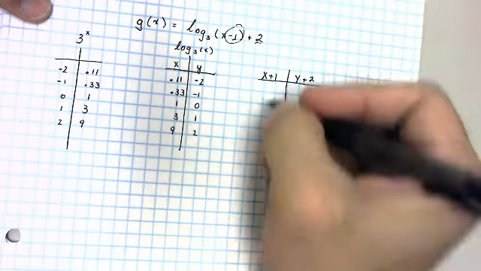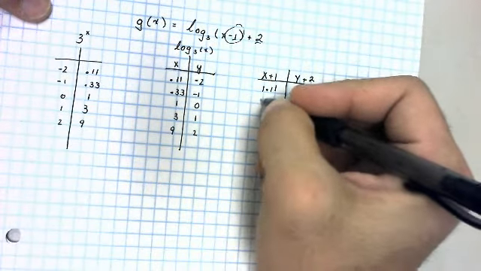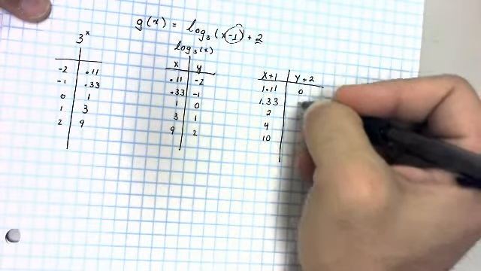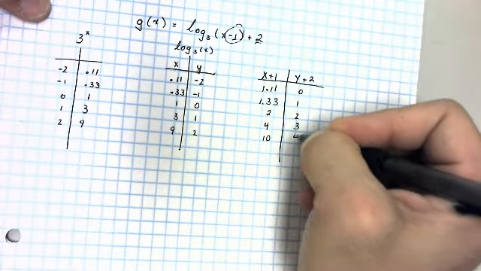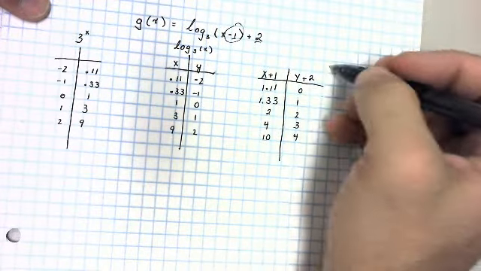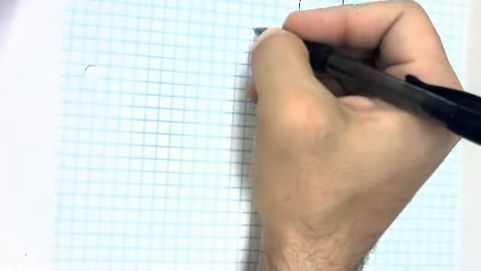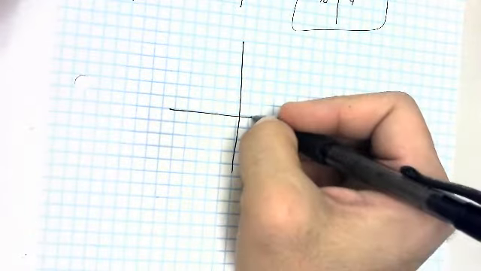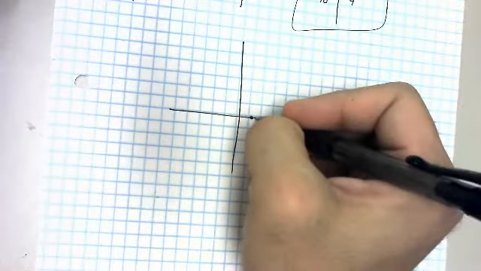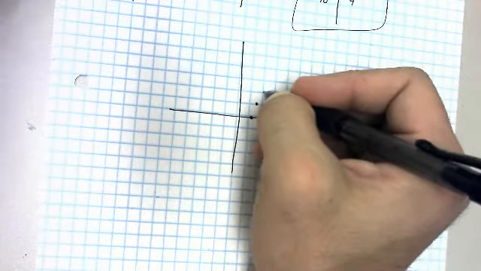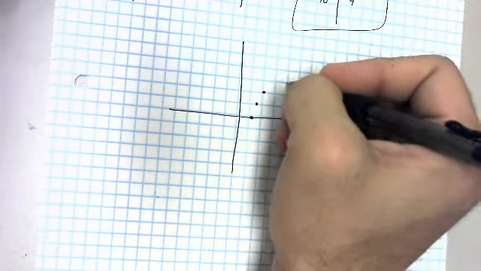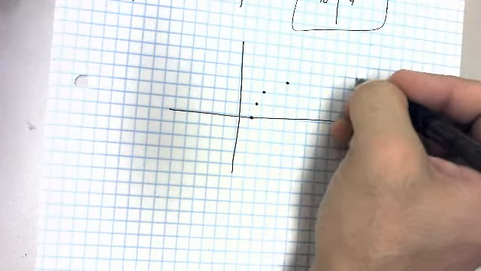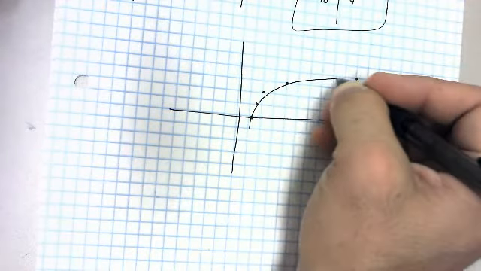So from my past table, I'm going to add 1 to all of my x's and add 2 to all of my y's. And that will be the table that I will use to make my graph. So 1.11, 0; 1.33, 1; 2, 2; 4, 3; and 10, 4. And that'll be the graph of my function.